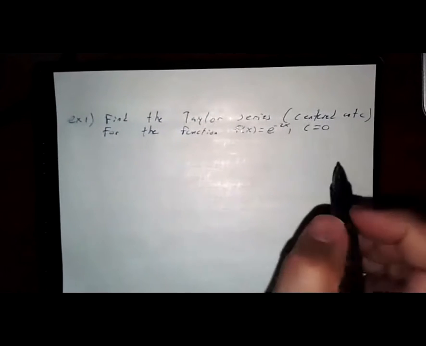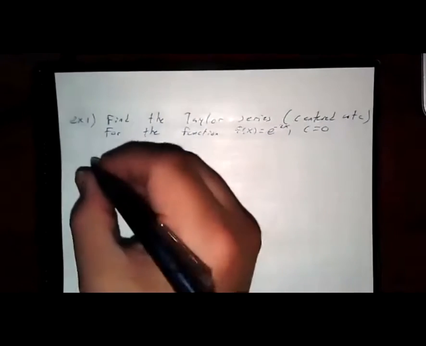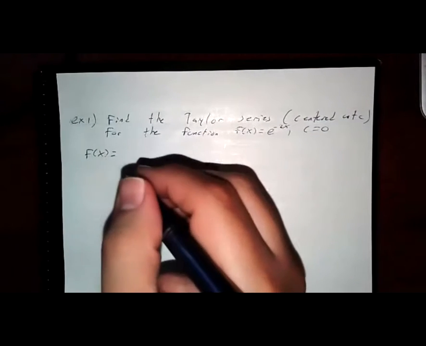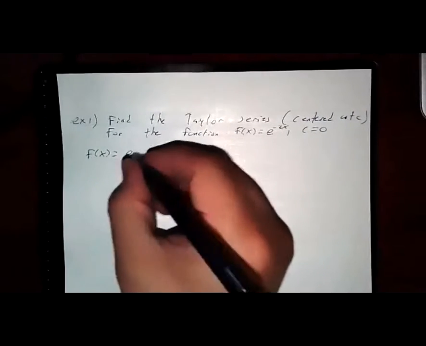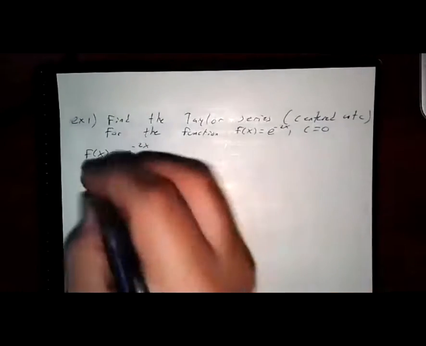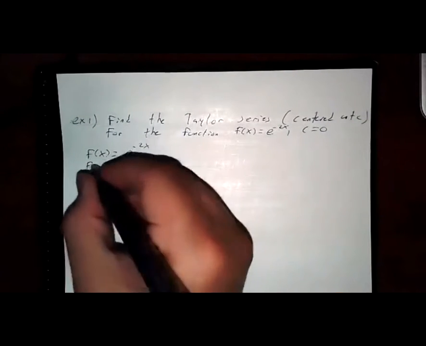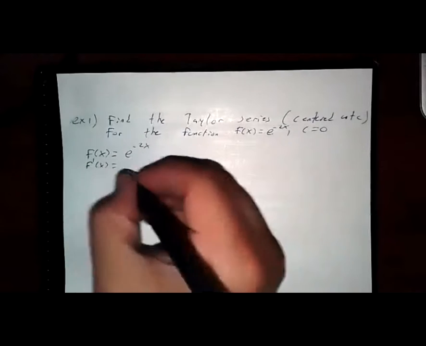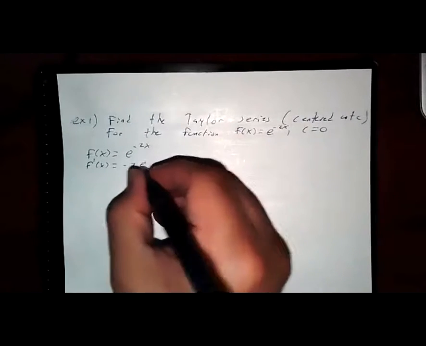So what you do is you take the function and you take a bunch of derivatives until you start to see a pattern. There's a 0 derivative, because I haven't taken one yet. The first derivative is negative 2e to the negative 2x.